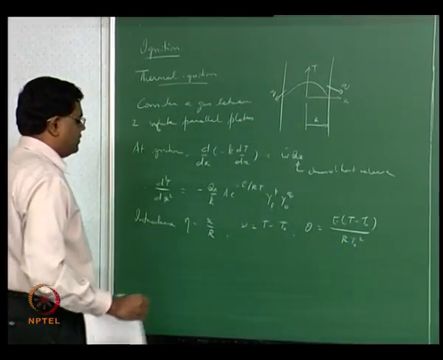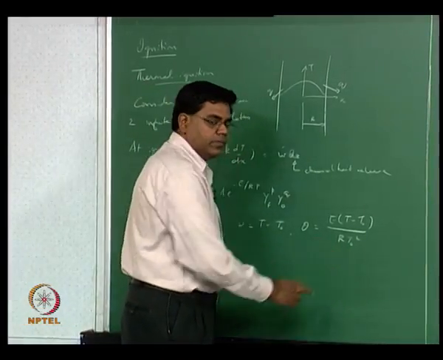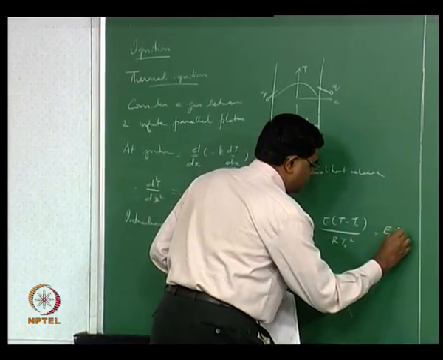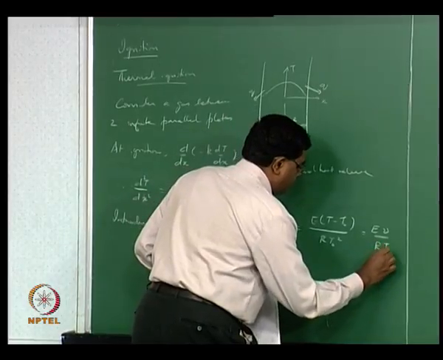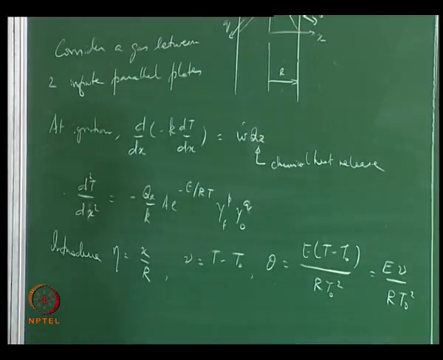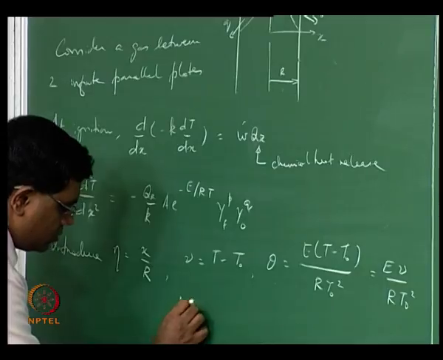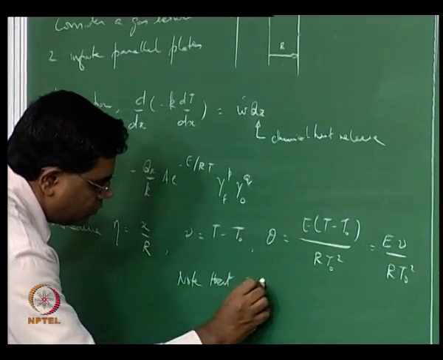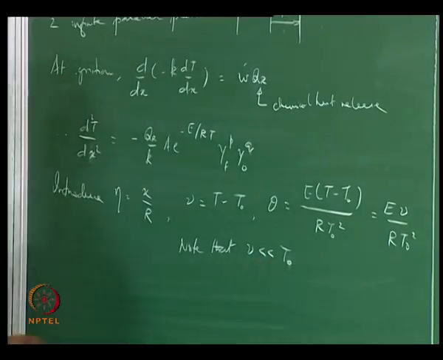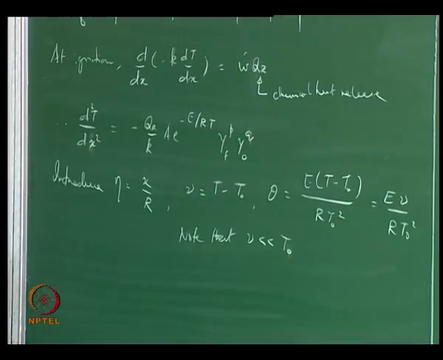This is not the same as our Zeldovich factor, because we used to have a T_F, keep in mind. So obviously this can be written as E nu divided by R T naught squared. Now note that nu is quite small when compared to T naught.